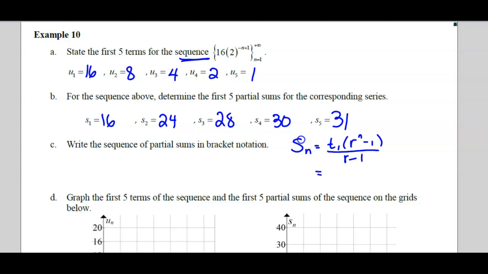So you're finding the first term of the series is 16. Your common ratio of that corresponding sequence is a half, to the n minus 1 over 1/2 minus 1. So if we simplify this, that's going to be what? 1/2 minus 1 is negative a half. So that's going to be negative 32 up front here.